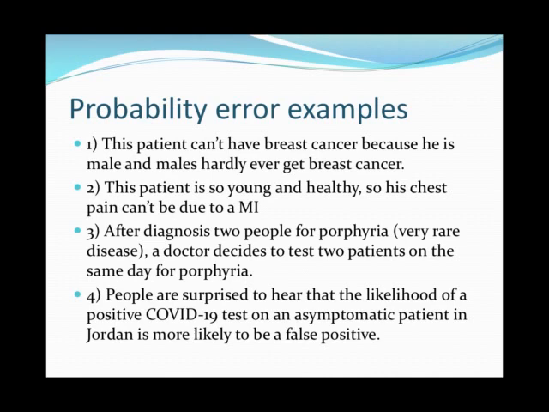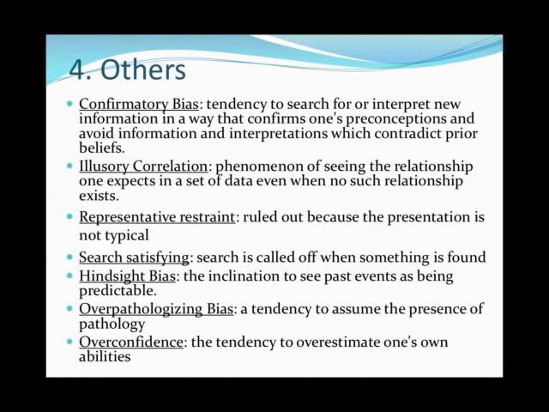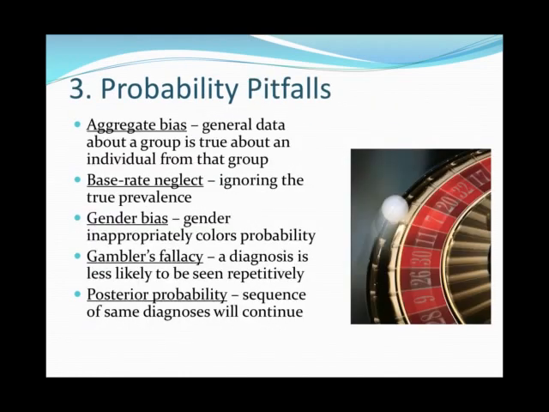So we're saying his chest pain can't be from that, when in fact it can be, because just because it's true about the group in general, it doesn't have to be true about an individual from that group.